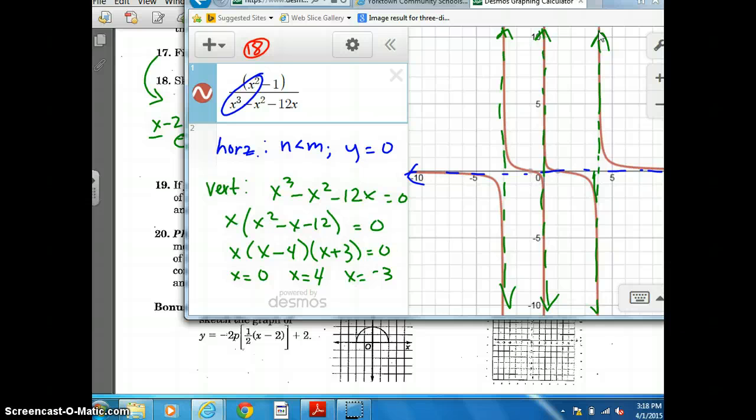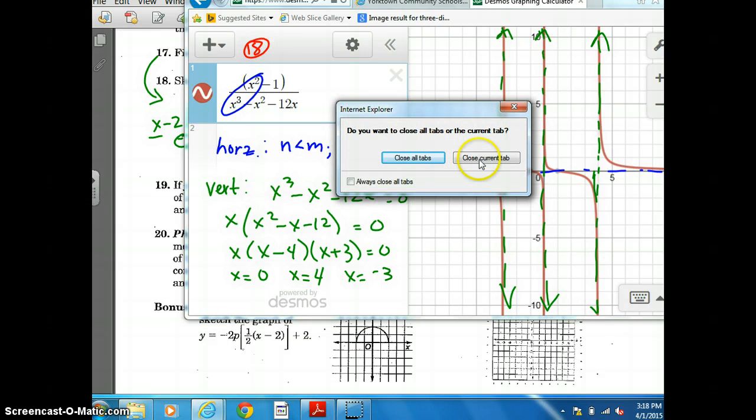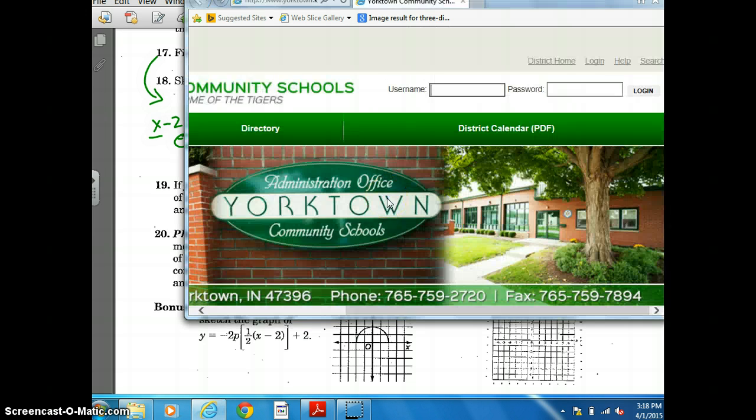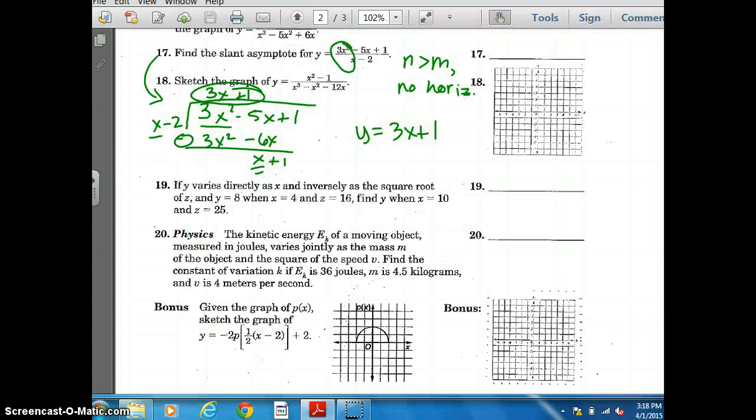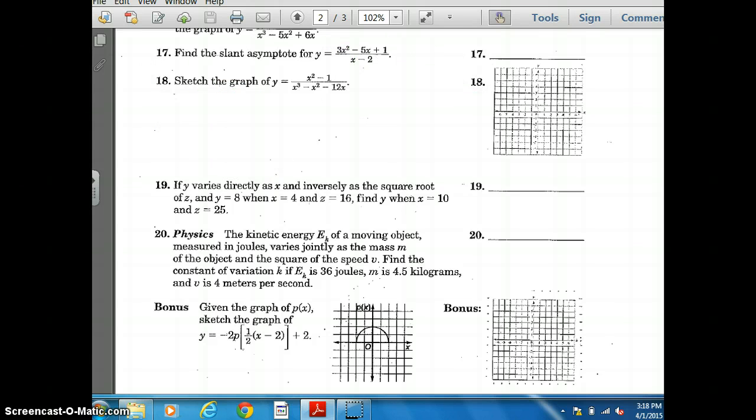All right, number 19. Let me get rid of what we have up here. And this one is asking for direct variation. We actually have two things going on here. We have y varies directly as x, and inversely as the square root of z.